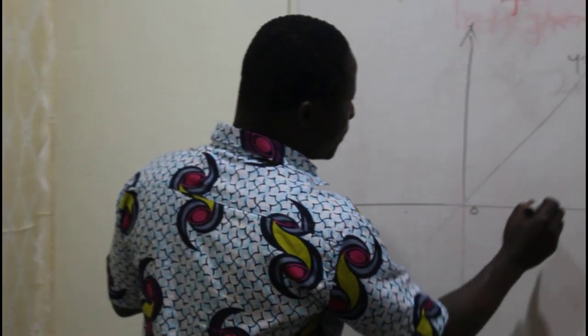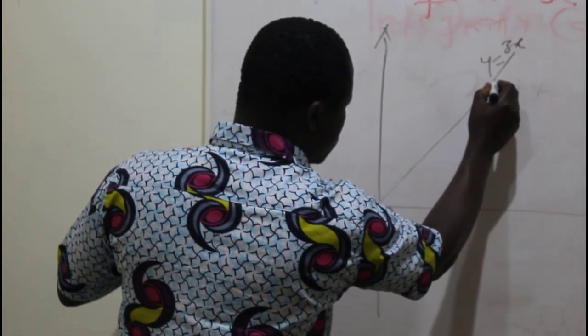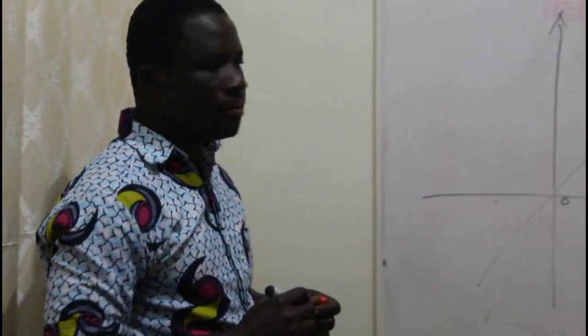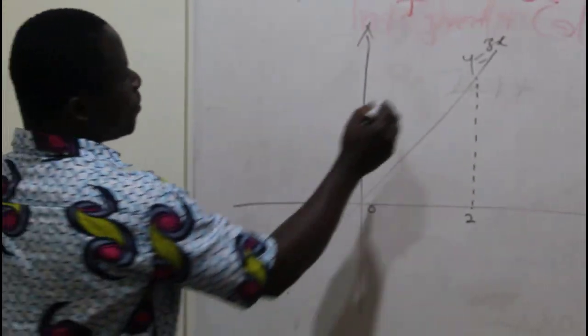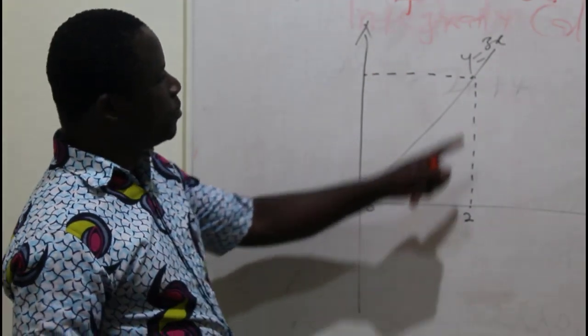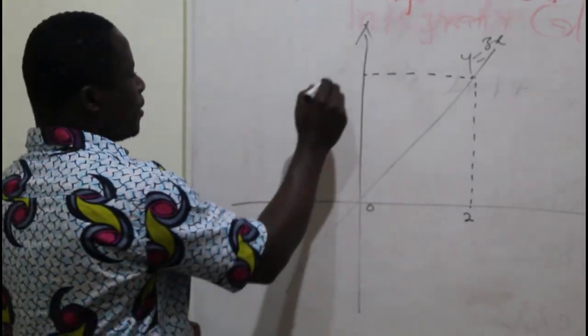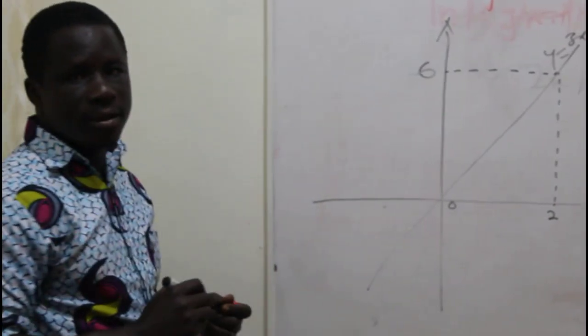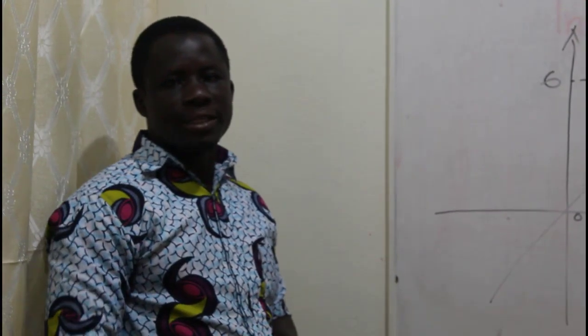What we are saying is that as x approaches a value here, say 2, this function will also be approaching a value. That is, when you put 2 into 3x, it will give a value of 6. So the function will be approaching 6.